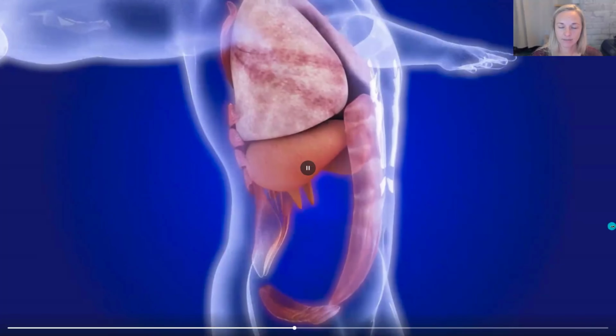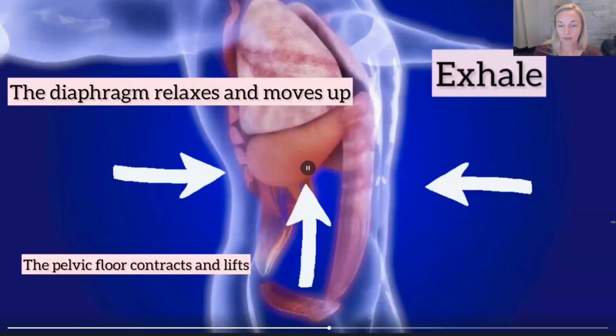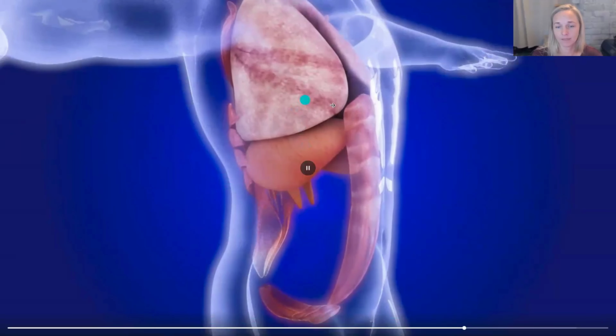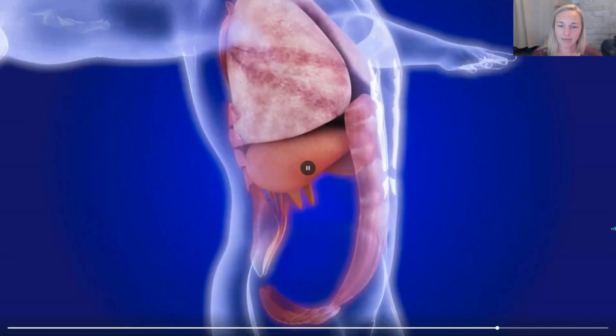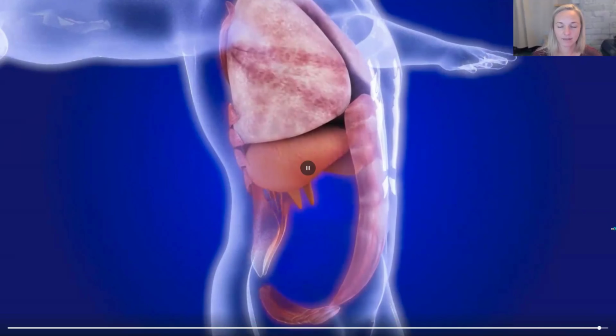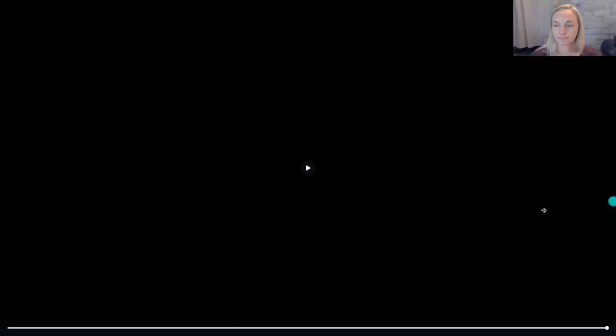And then on our exhale, everything is pulling up and in. So again, abdominals come in, pelvic floor lifts, multifidi come in, and the diaphragm lifts. Inhale, everything's relaxing. Exhale, everything's contracting.